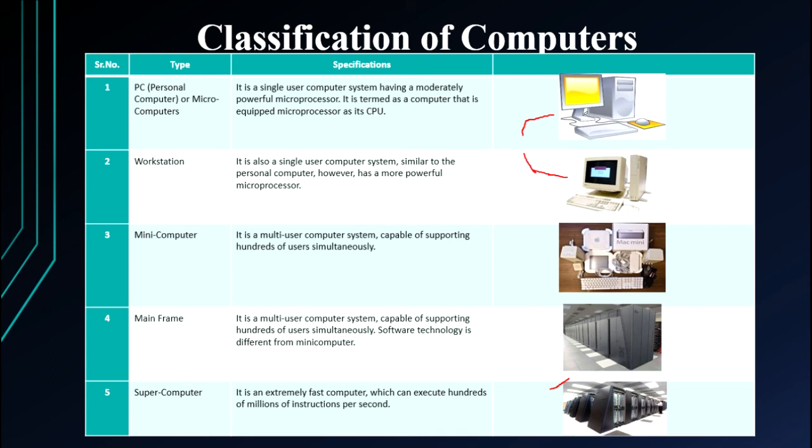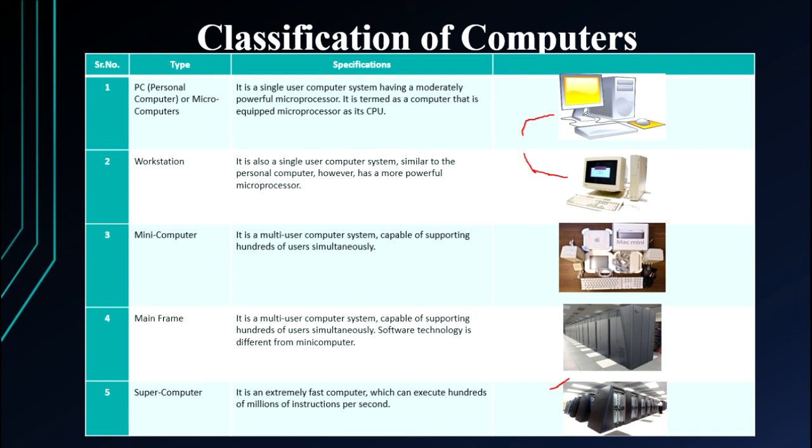The difference between the two is that a personal computer is using mid-range or lower specification components, unlike a workstation that is using much more powerful components used for specific tasks, while our personal computer is only used for document purposes like printing, browsing, and many more. So those are the differences between the two.